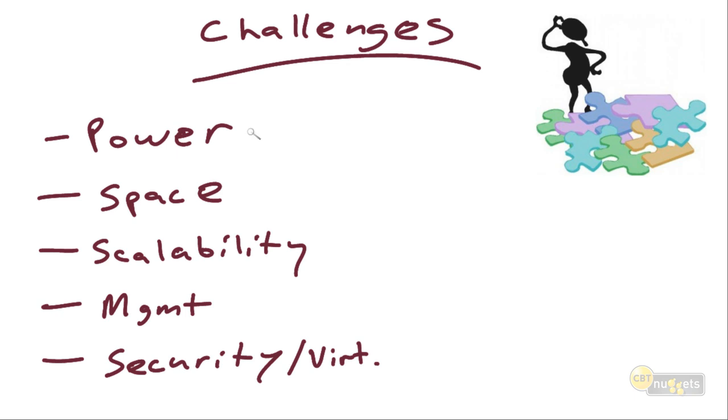Yeah, it's things like power consumption and space and scalability and management and security and virtualization support of traditional client-server architectures that have really led to this. I sum it up with something called server sprawl as a description. Yeah, I think server sprawl really speaks to what we've seen in this industry.